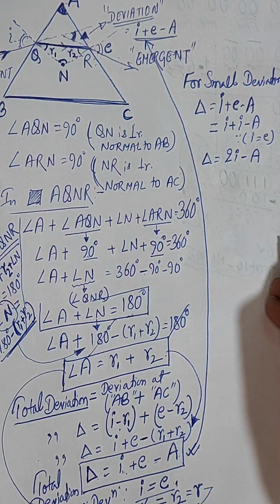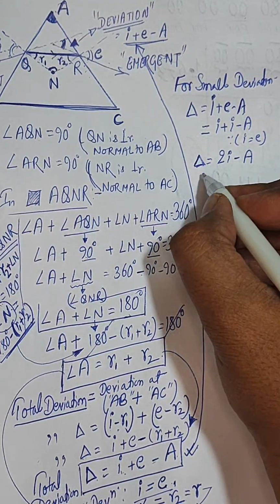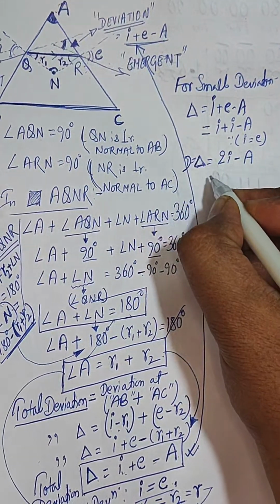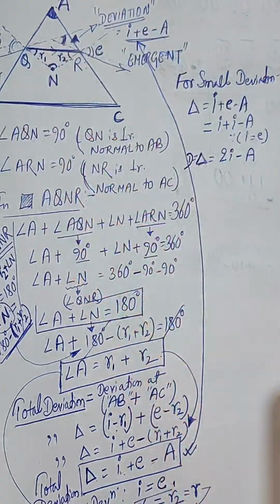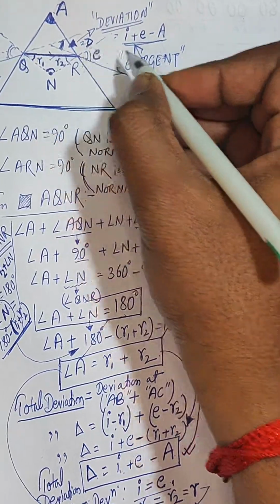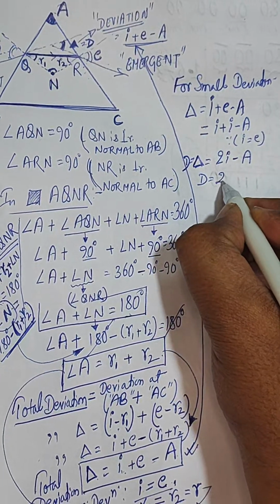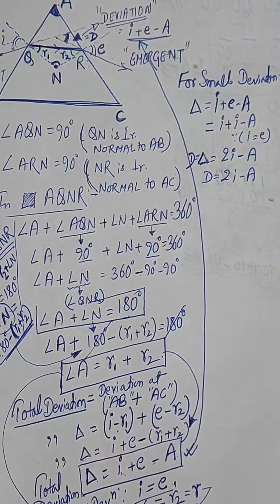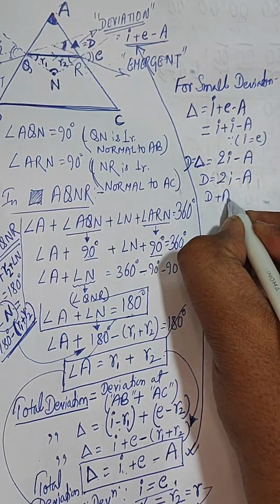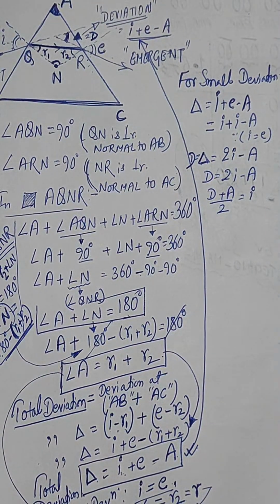If we write delta as d, the deviation, then we can write d is equal to 2i minus a, or we can write d plus a by 2 as equal to I, isn't it?